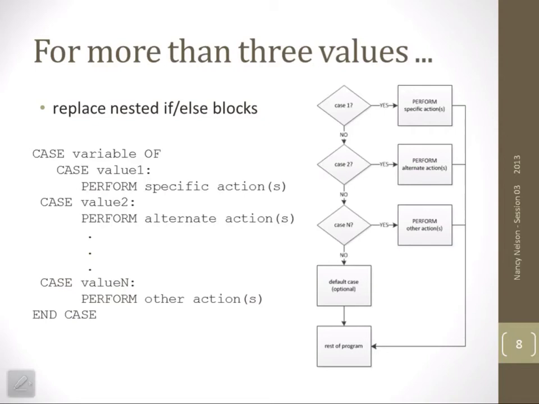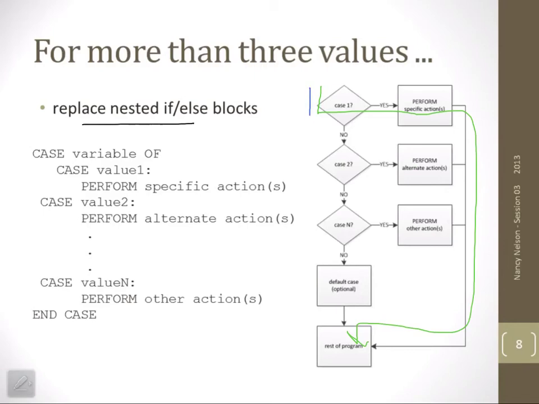Sometimes we're testing one particular variable for a number of different values, and this is often used to replace a nested if-else block. So what we can do is say, if we test our first case and it equals a value, then we'll do this operation. We come out, come to the end, and go through to the rest of the program.